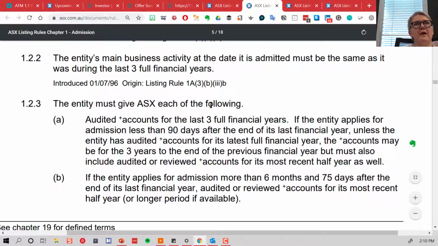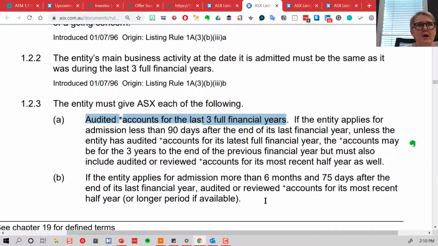You need to be able to provide the following: audited accounts. This is often what slows down the preparation of the prospectus no end, because companies that are growing may not have been audited until the decision was made that we're going to end up listing. So in fact, pro forma accounts need to be prepared and the auditors need to go back over time.